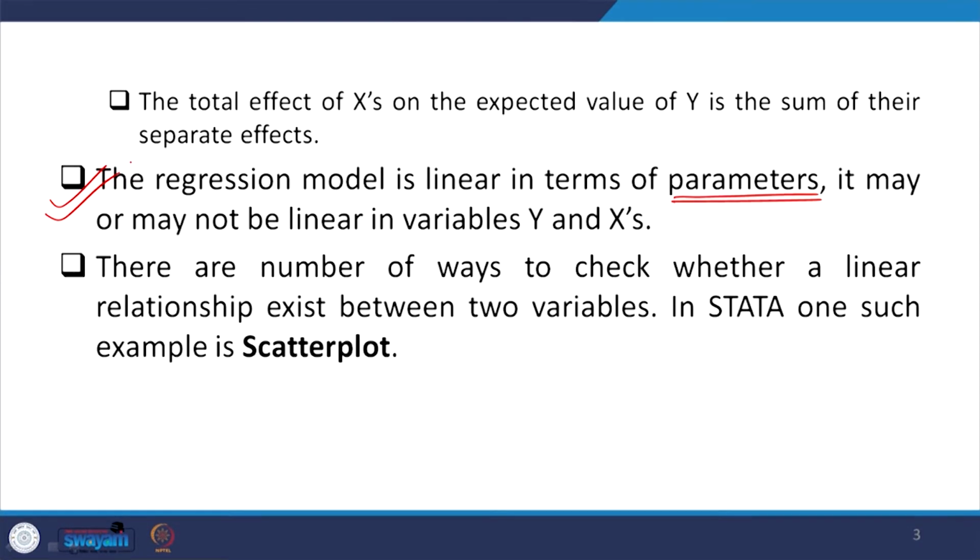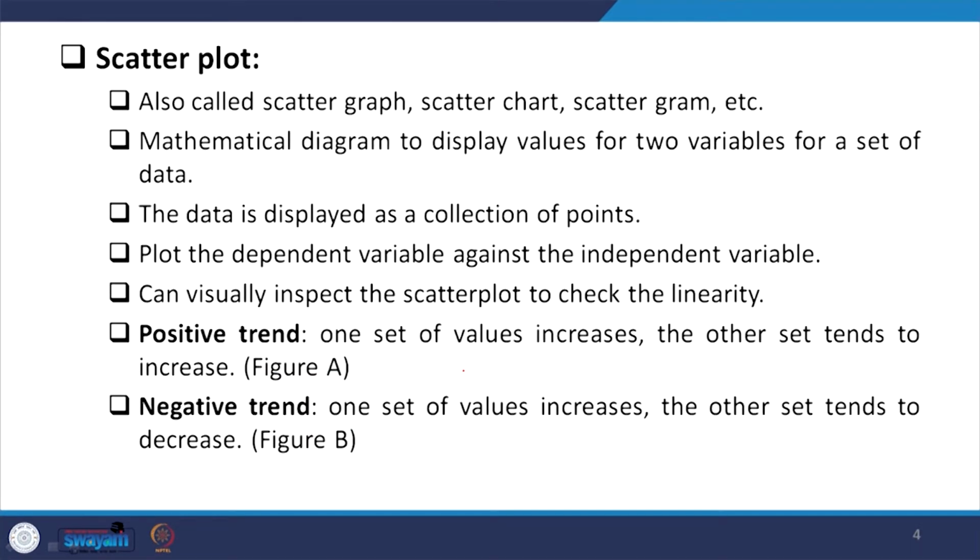Now, there are a number of ways to check whether a linear relationship exists between two variables. In Stata, one such example is the scatter plot. We will try to establish whether there exists a linear relationship or not, and clarify what we mean by linear relationship.